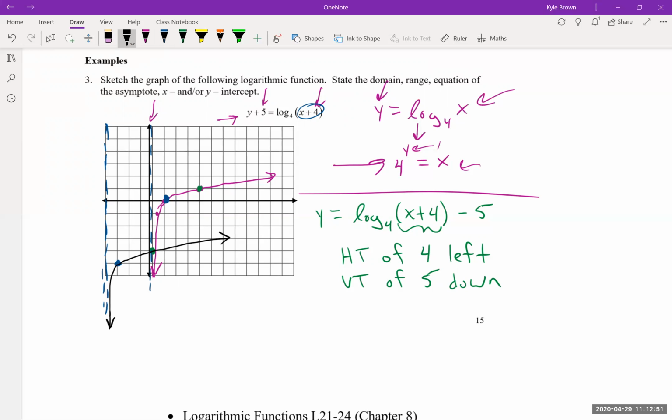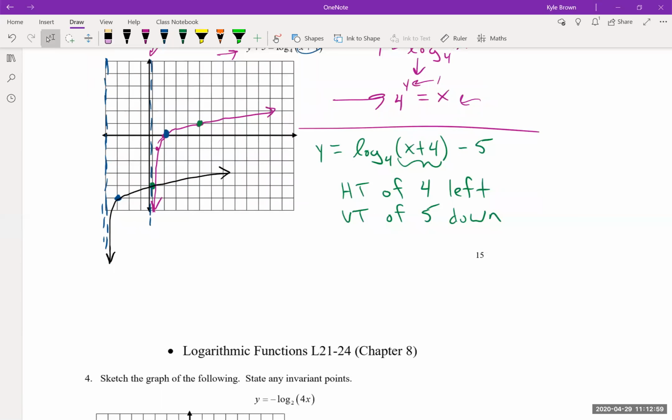So you can do it that way, which is great. The other one that I would recommend, especially when they start getting a little more confusing, is using our mapping notation, right? So as soon as I have this information figured out, we could make our mapping notation: any point x on the original graph, if I took any point on there, would be x and then 4 to the left, so x minus 4.